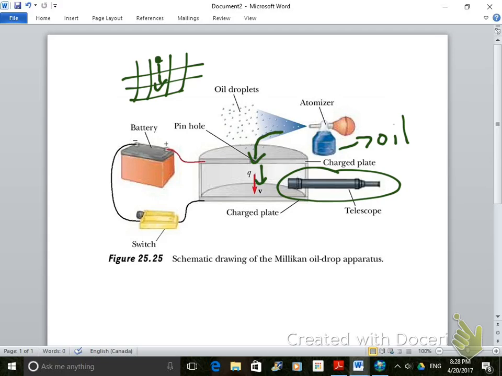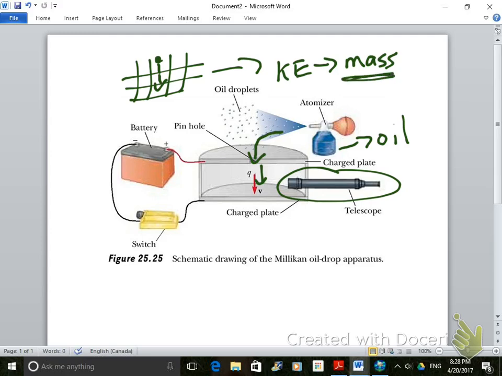In finding out that terminal velocity, he could figure out the kinetic energy, and then he could find out the mass of the drop. So then he would know the force of gravity being exerted on that drop. So that was one of the first things he did.